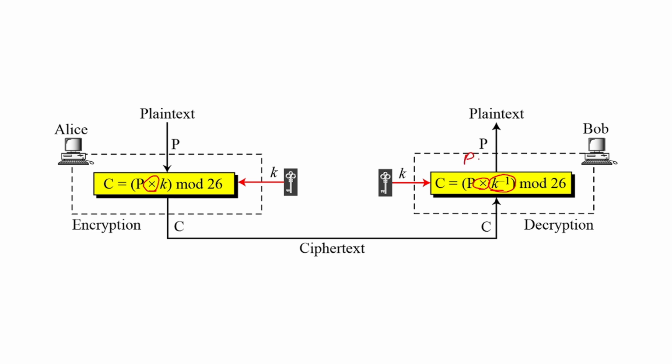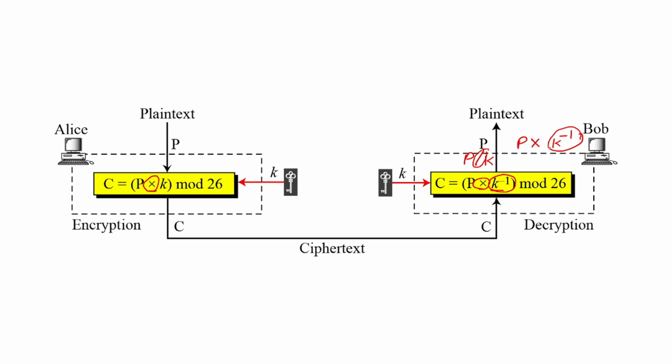Actually it is P divided by k. We are converting division to multiplication: P into k power minus 1. This is k inverse, the multiplicative inverse of k.